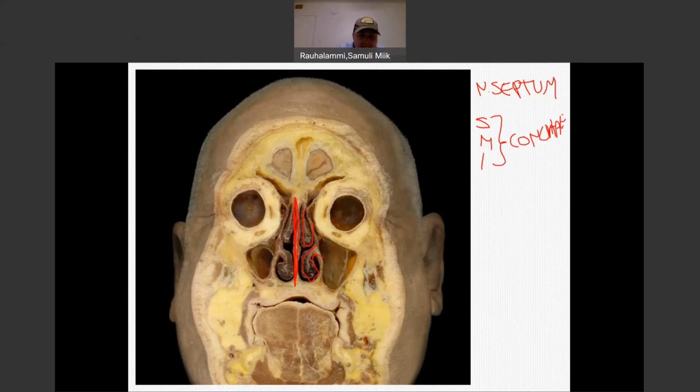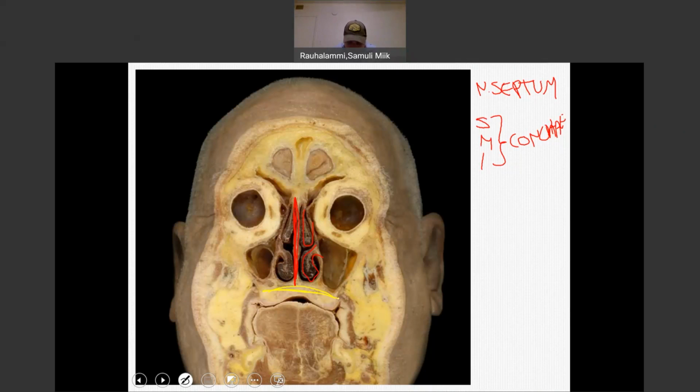Another thing that we can see here, I think quite nicely, is our hard palate on the anterior portion of the floor of the nasal cavity or roof of the oral cavity. So something else to spot there. Remember, anteriorly we had that bony structure.